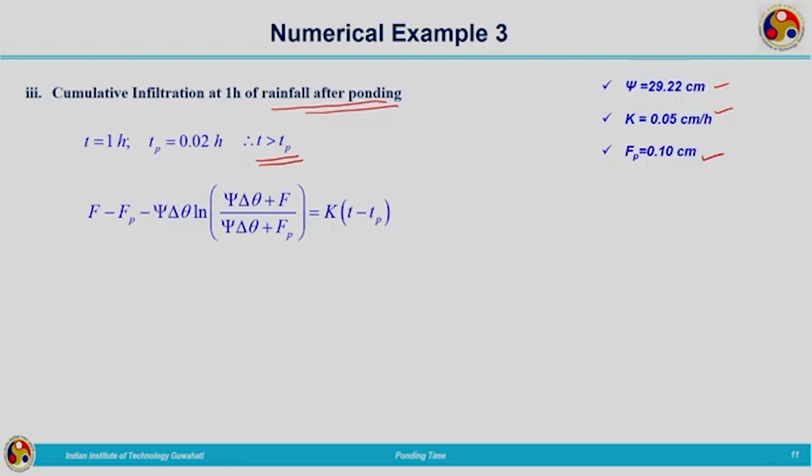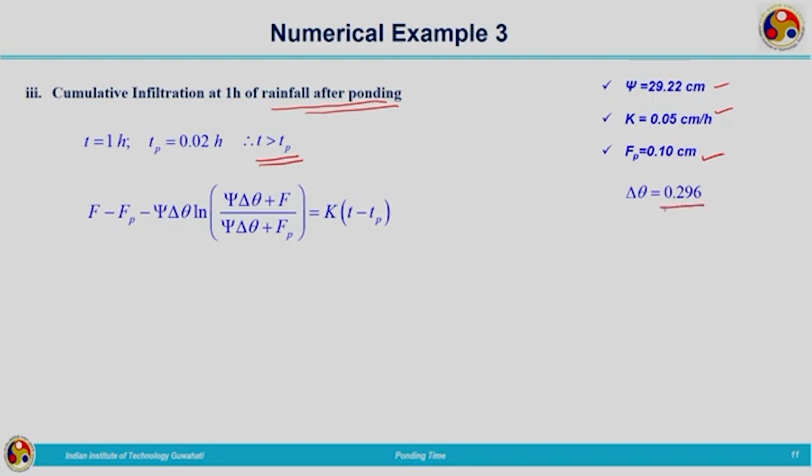We will be making use of the equation derived in the previous lecture corresponding to the quantification of infiltrated water after ponding. So, that is given by this equation, and here we are going to substitute different values given or calculated by us.